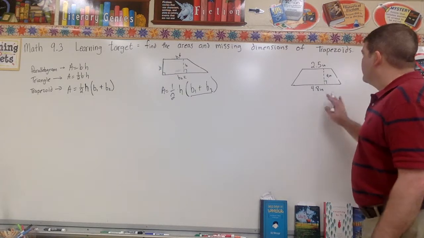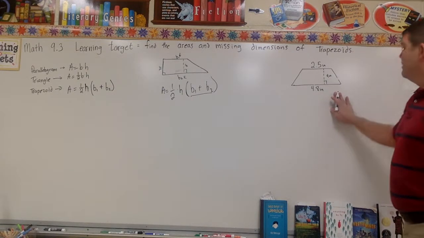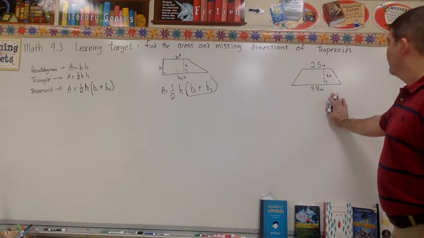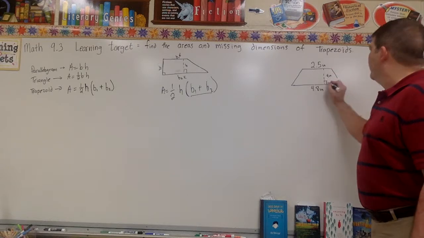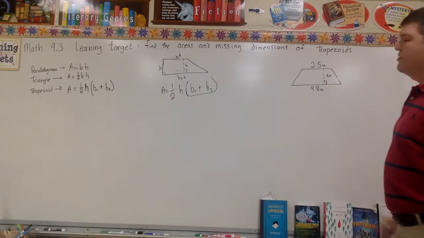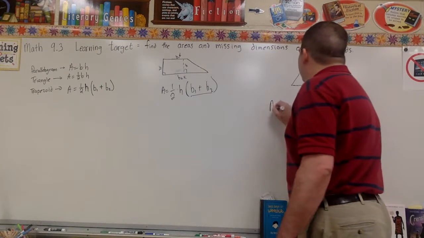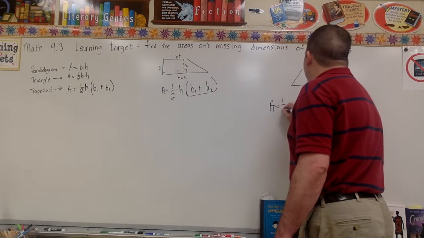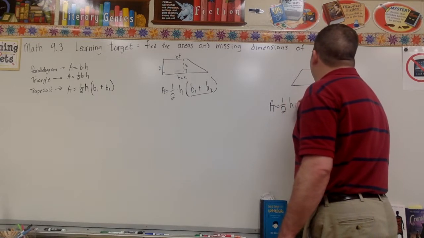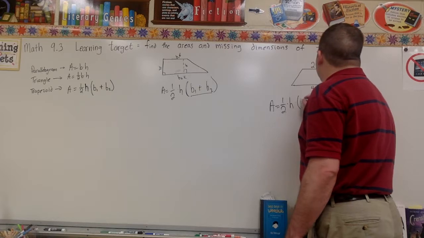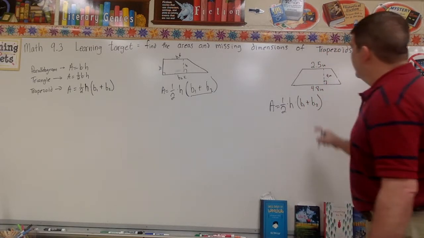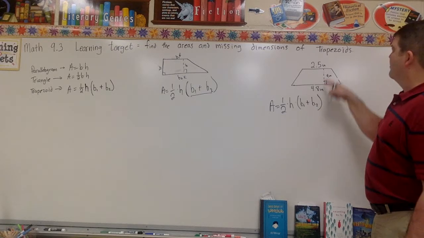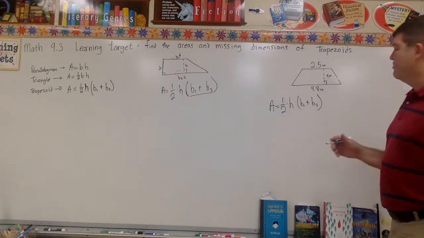Okay? So let's look over here. Let's do it with one. This is a trapezoid. I got my two bases here. This is a base. This is a base. I got my height of 4 inches. Okay. So area equals 1/2 times height times base 1 plus base 2. Because you're adding these, it doesn't matter which one you do first. You just need to use those two bases.